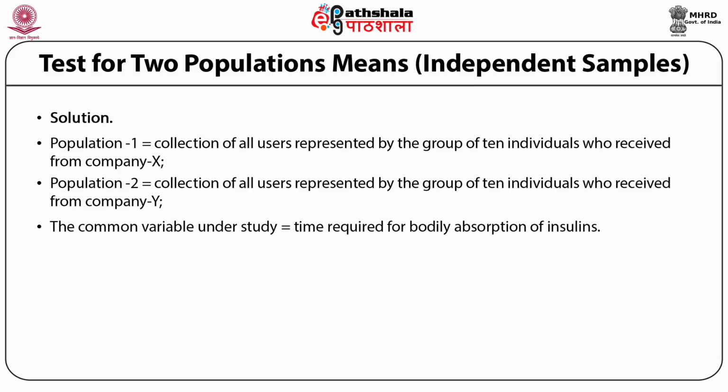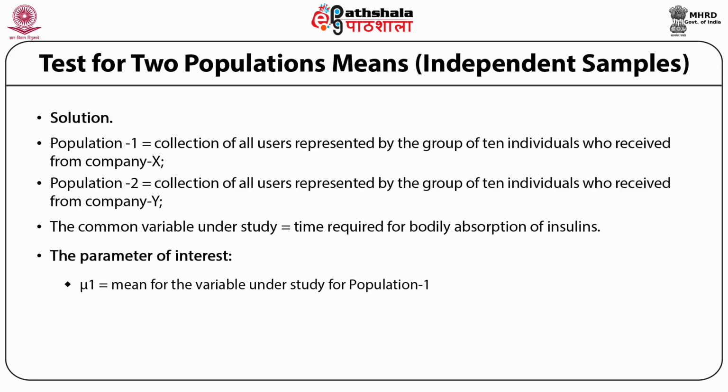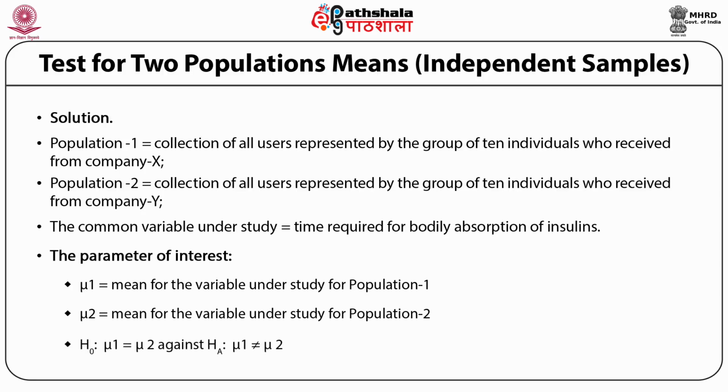So the mean of the time required for bodily absorption has been specified as mu1, and for population 2 it is mu2. The null hypothesis H0 is mu1 equal to mu2, and the alternative hypothesis is that the two populations are different or their impact is different, and that is what we are trying to test with the help of the two population t-test.